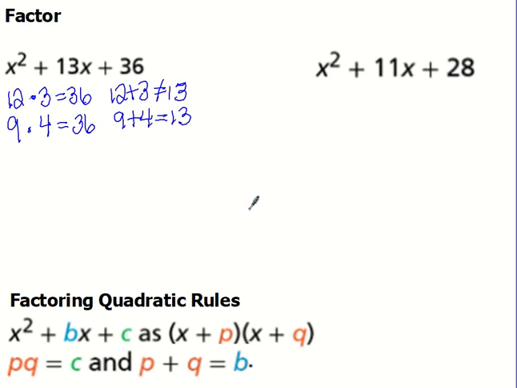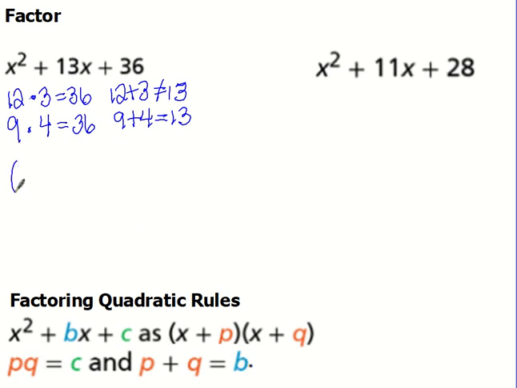Now that I've found my set that adds to 13 and multiplies to 36, I can use that to factor. I know that multiplying them gets me c and adding them gets me b.